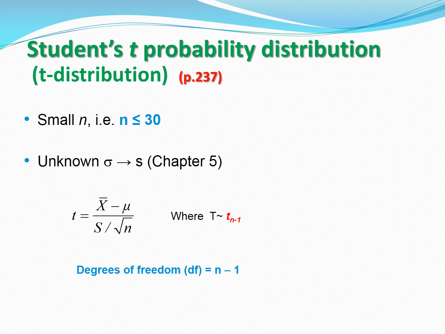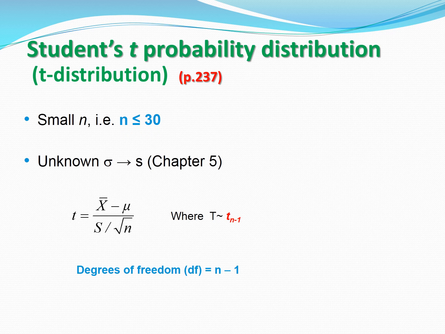We applied the central limit theorem when we worked with large sample sizes, but now we are going to apply the student's t-distribution, or the t-distribution for short, when we work with small sample sizes, and that means that our sample size is less than or equal to 30.